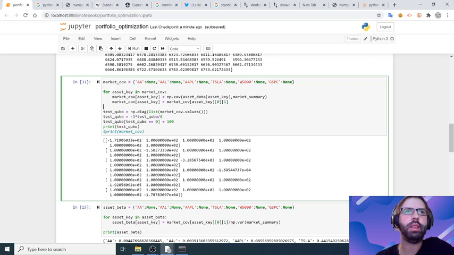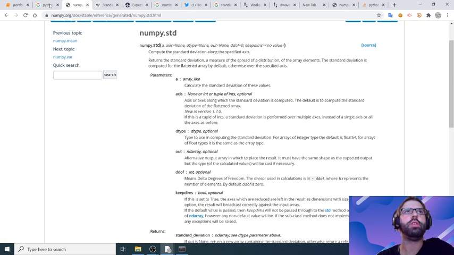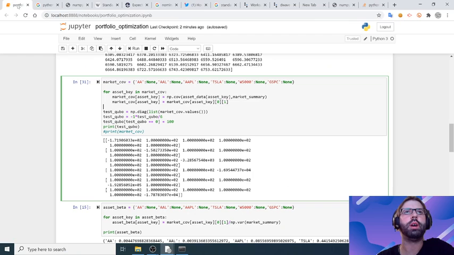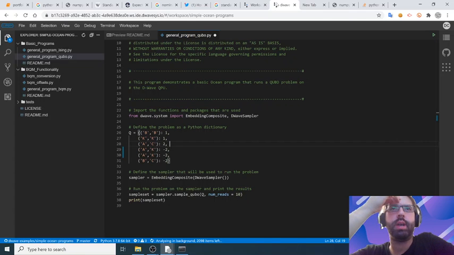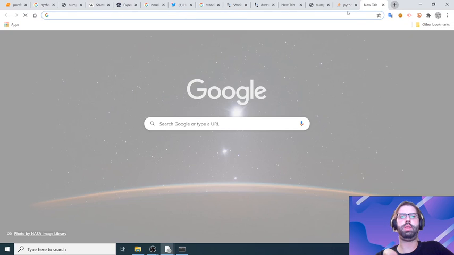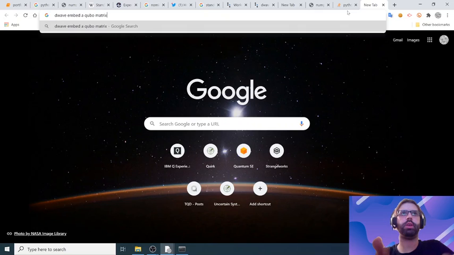I've basically literally the matrix in here, and what I want to do is I want to embed it, I guess. So D-Wave embed a QUBO matrix.